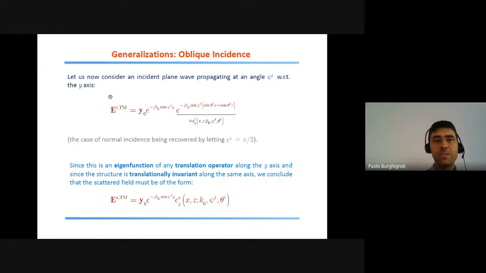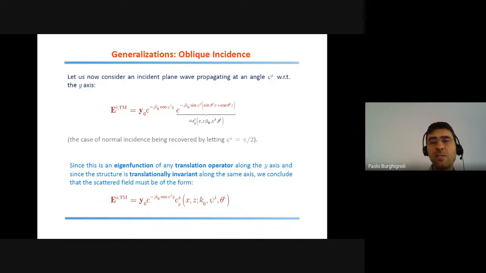Now, if you observe this incident field, apart from the dependence on y, which is an exponential, we also have the dependence on x and z, which can be written compactly, as you can see here in black, as some function of x and z that also depends on frequency through the wave number k0, and on the incident angles, which are now two angles, theta I and psi I. Now, the crucial observation is that this incident field is an eigenfunction of any translation operator along the y-axis.